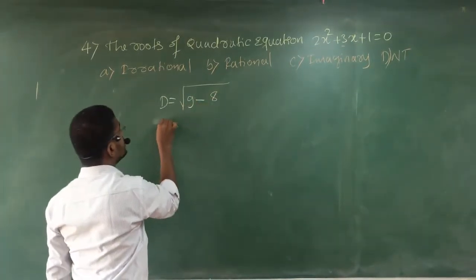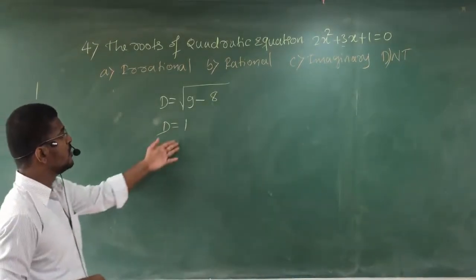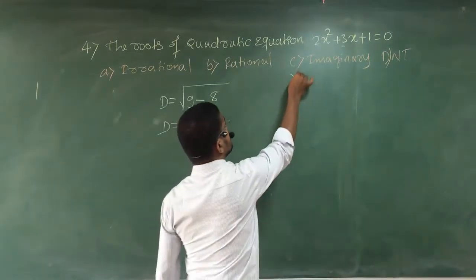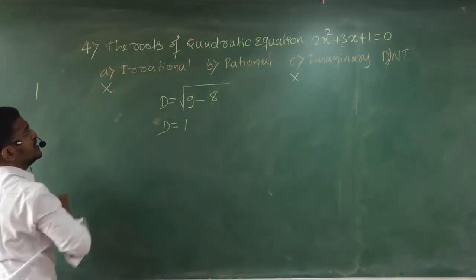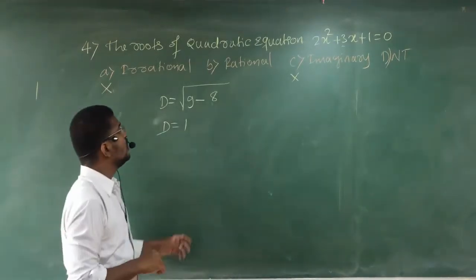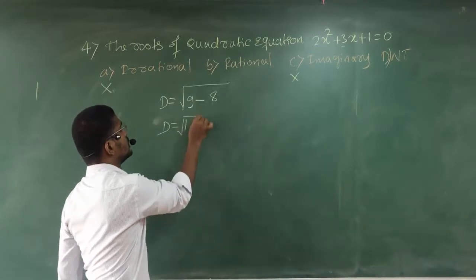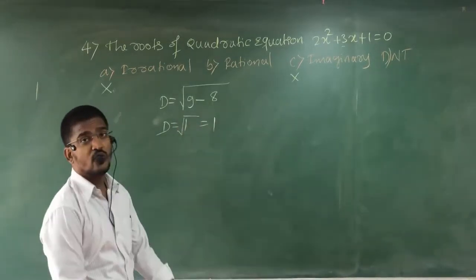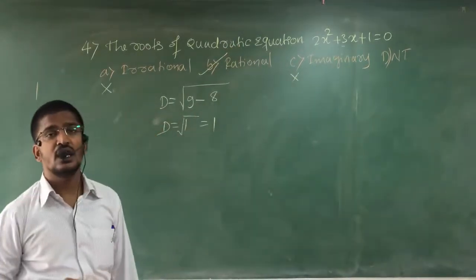So the discriminant is equal to 1. Now 1 is not imaginary, so this is not your answer. 1 is not irrational, so this is not your answer. 1 is rational, and you will get root 1, which is a perfect square. Therefore it is a perfect square, hence it is having rational roots.